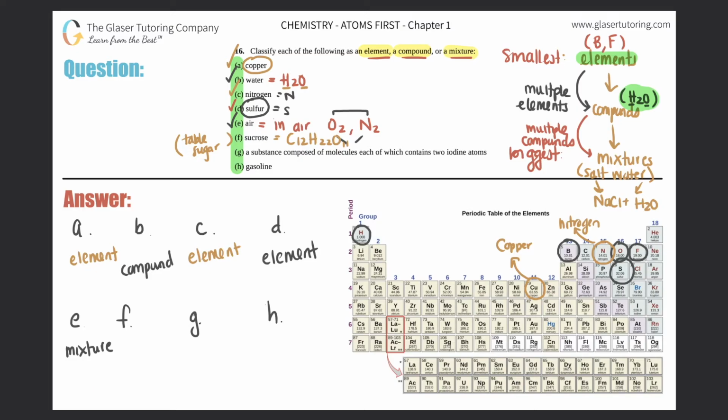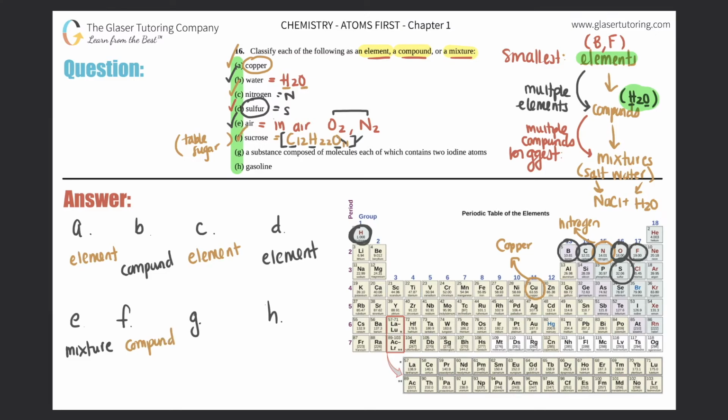Definitely can't be an element because it's carbon, hydrogen, and oxygen. So you're hitting 3 different boxes on the periodic table. But they came together to form one single entity. It's not 2 different things that came together. It's your carbon, hydrogen, and oxygen came together to form one, you got it, compound. So F, sucrose, is a compound.